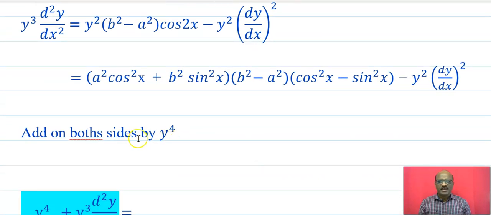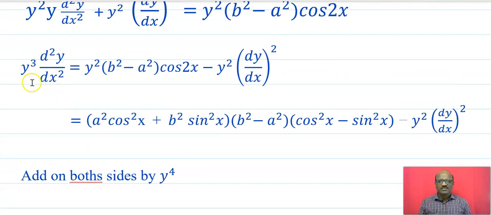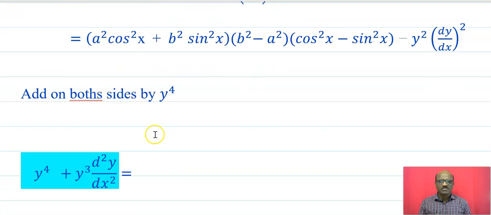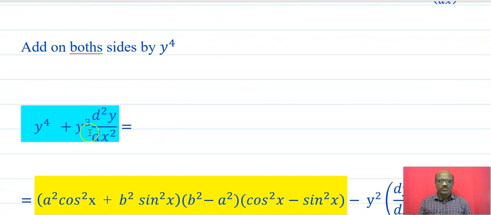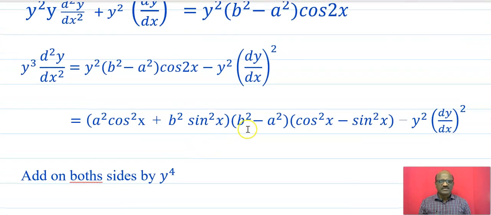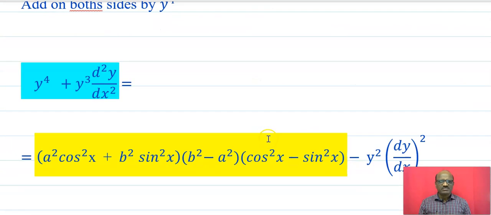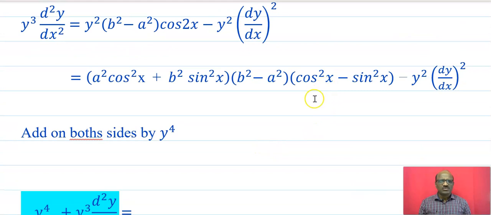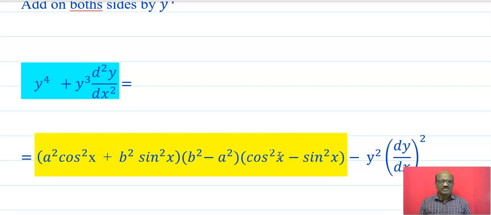Now next, add on both sides y raised to 4. Therefore, the left hand side will become y raised to 4 plus y cube into d2y by dx square. That is equal to, in bracket, a square cos square x plus b square sin square x into b square minus a square as it is, and the next is cos square x minus sin square x, this as it is.